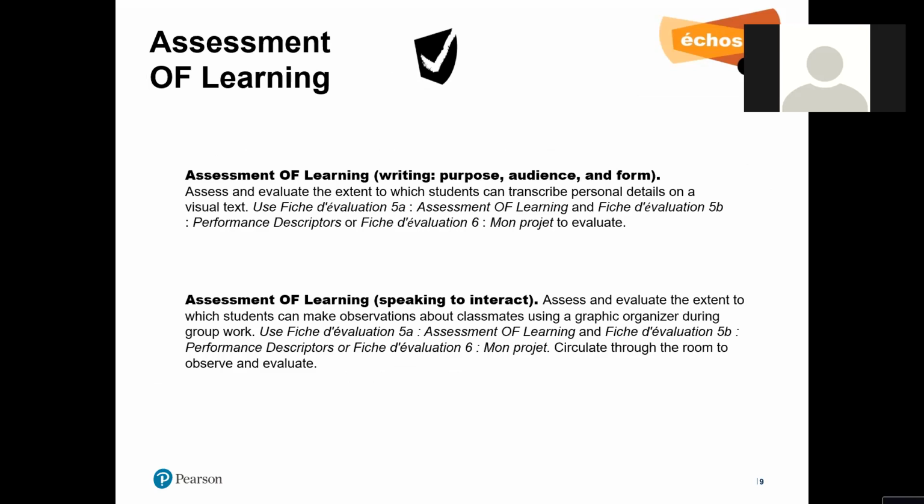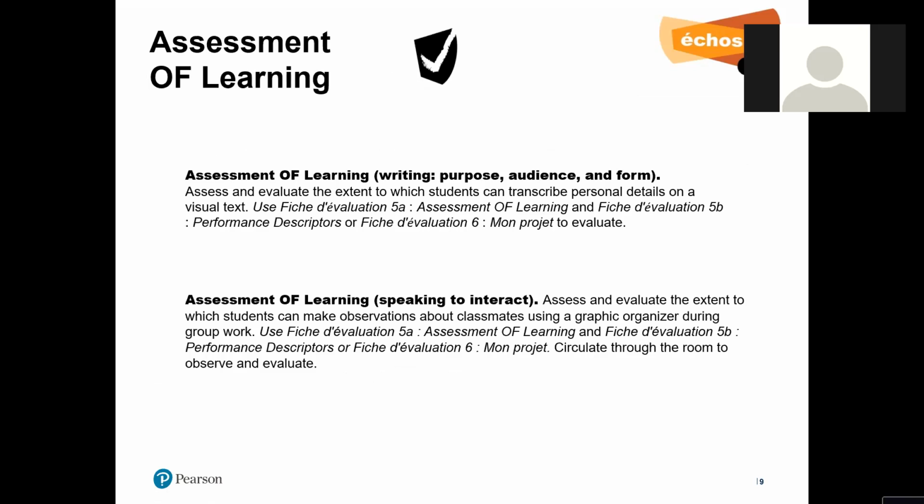Here's an example of some assessment of learning paragraphs, again taken from the teaching notes. In addition to reminding you to do the assessment, we specify exactly which tools to use. In this first one, we have an assessment of writing for purpose, audience, and form.